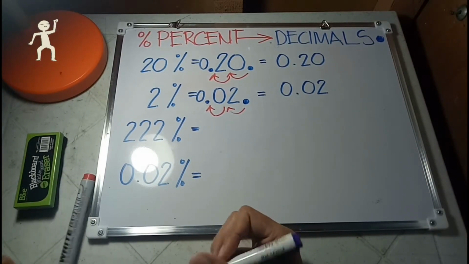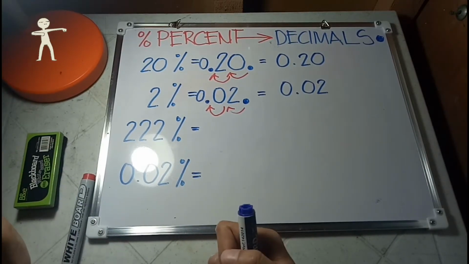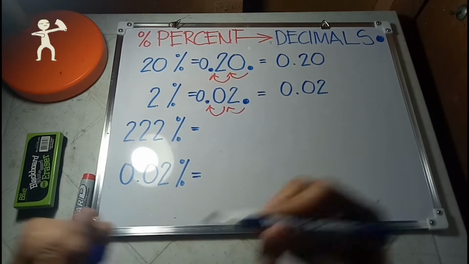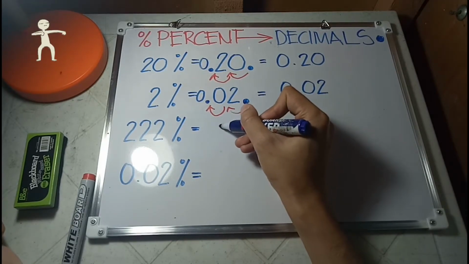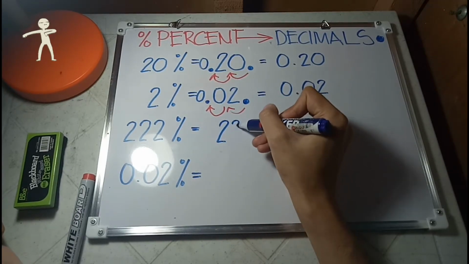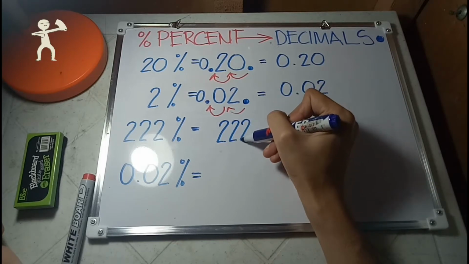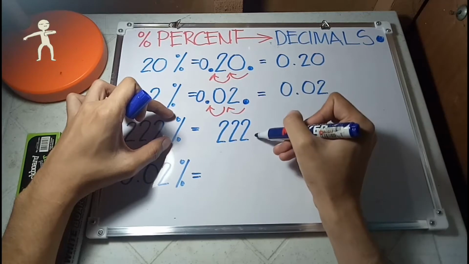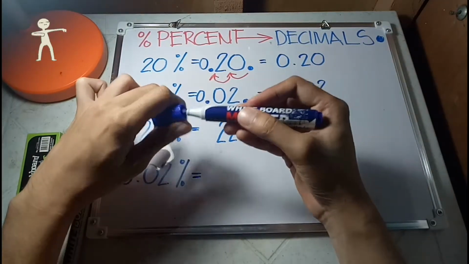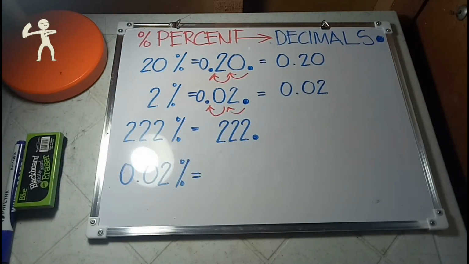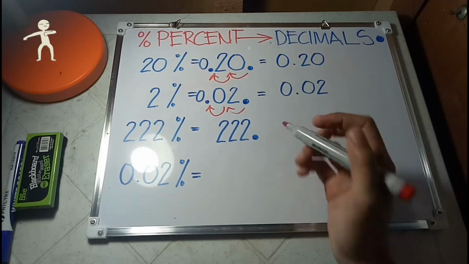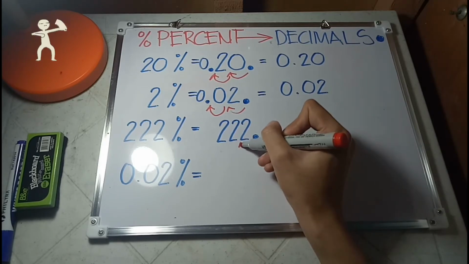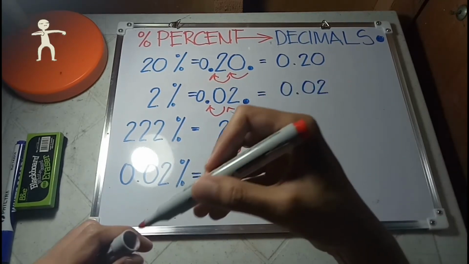Okay. Next problem is, we have 222%. So, ganun rin po. Rewrite ko lang po yung mga digits. Susulat ko lang po ulit. Then, convert this percent sign to a decimal point. Then, we will move the decimal point 2 places to the left. 1, 2.